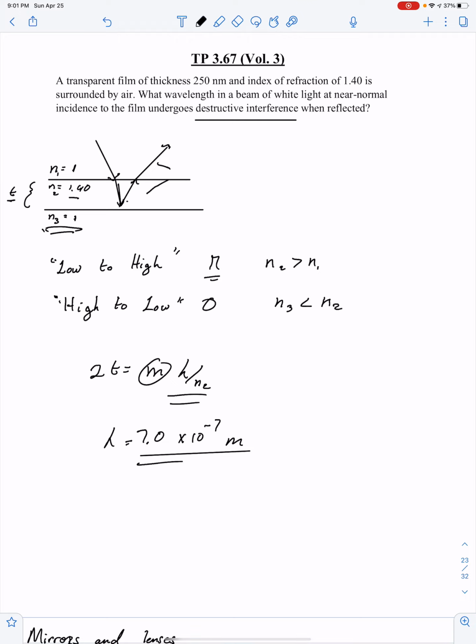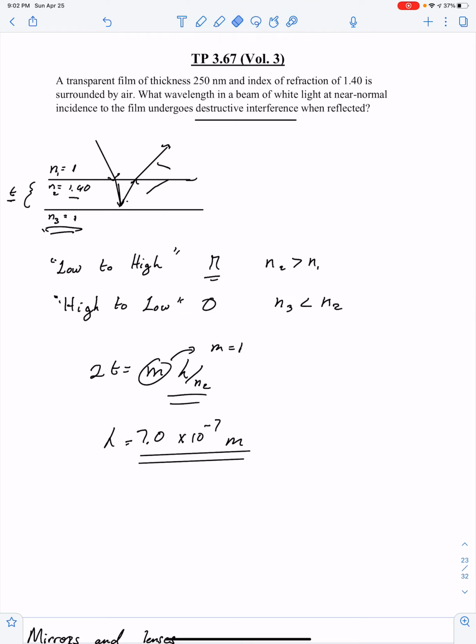That is the wavelength. So m equals 1 because we're only going through one film, and it is just the immediate one. And if it was 0, it would be just 0, so it wouldn't count.